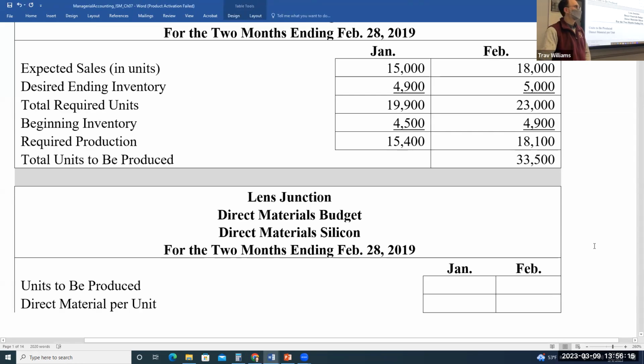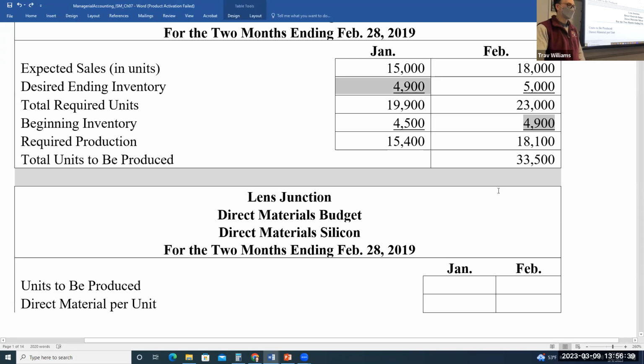Now remember the zigzag pattern I was talking about when you get into desired beginning and ending inventory? So we see it right here because January's ending inventory is February's beginning inventory. Right? Okay.